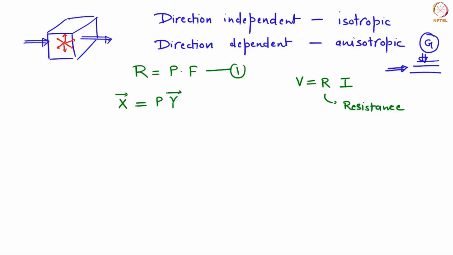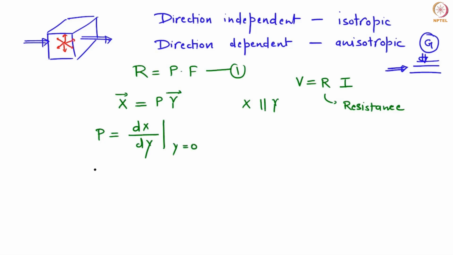P still remains scalar because P in most cases is a number, like electrical resistance. But if you have properties which are direction dependent, what happens? So what is P, by the way? Here P in this particular case is dx by dy at y equals 0.